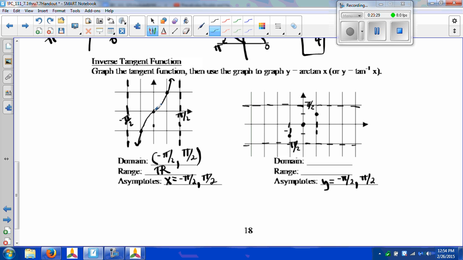So from 0 to 1, it curves up, so this one is going to curve downward, concave down, but approach that without ever touching it, and then upward and approach it but never touch it. All right? So its domain is all real numbers because it goes on forever and ever, and then its range is negative pi over 2 to pi over 2, just like the domain of the tangent function.